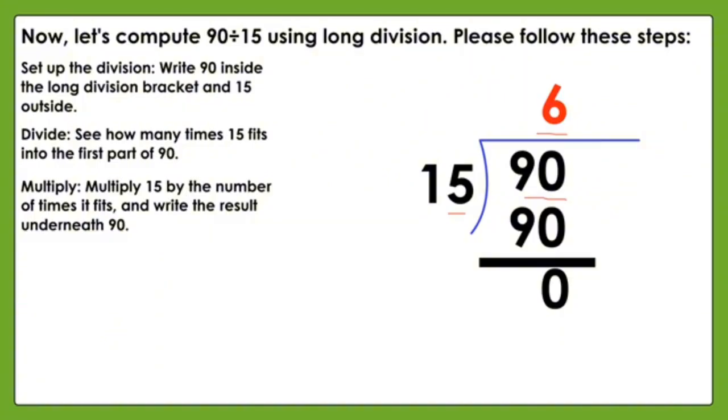Third, multiply 15 by the number of times it fits and write the results underneath 90. 15 times 6 is equal to 90. Fourth, subtract the result from 90. 90 minus 90 is equal to 0.